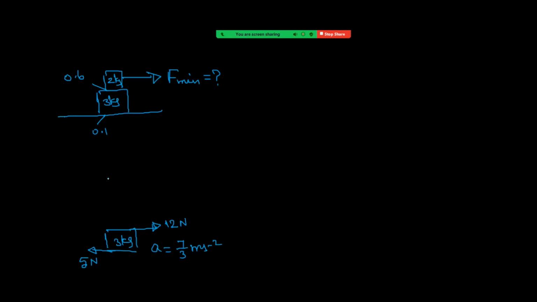Now coming to the 2 kg block. One is the applied force. Second, on the 3 kg block the frictional force is right side, so on the 2 kg block it is left side. So the net value is F minus 12, that is equal to mass into acceleration, and acceleration is 7 by 3. This is 12, this is 5, we got 7.